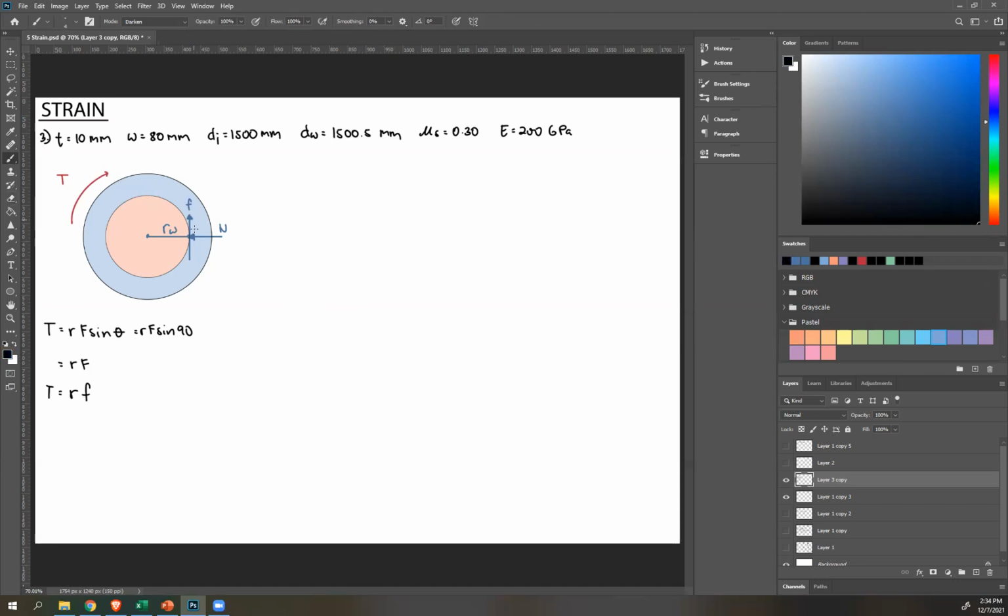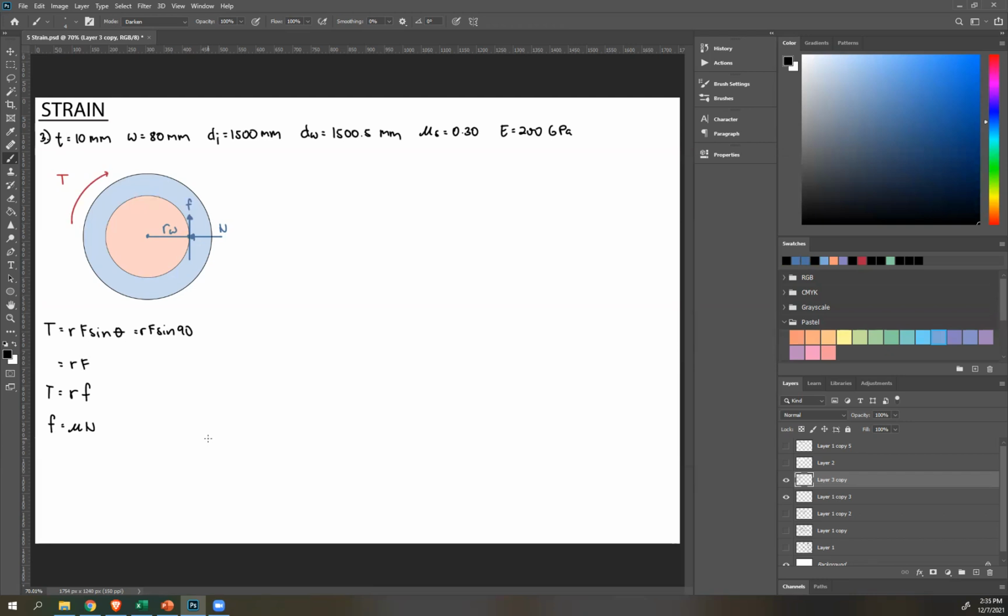I have to get F to get T. And remember, from physics as well, F has this equation mu N. So I just have to get N. Now to get N, that's the force pressing onto the wheel.